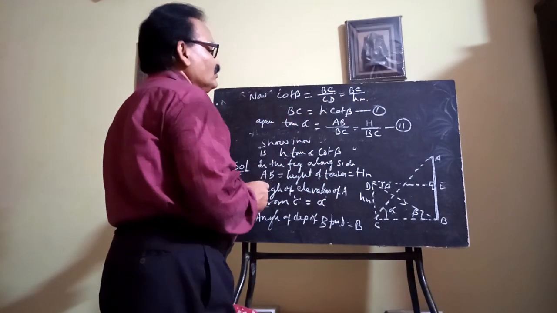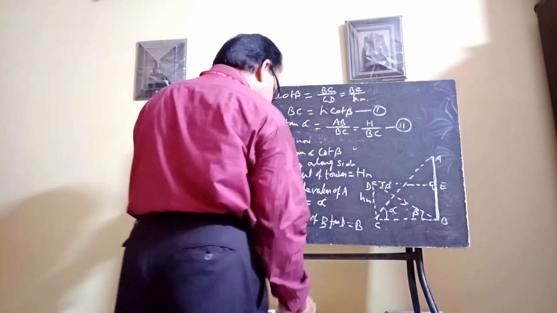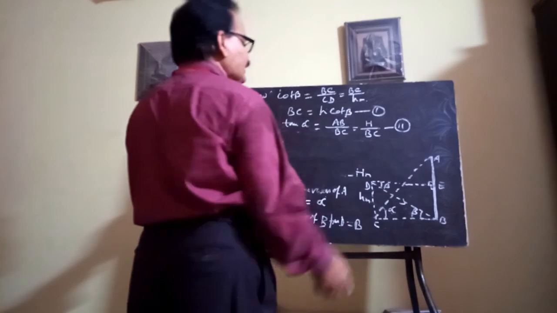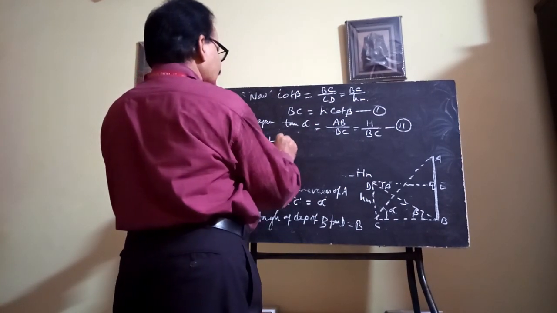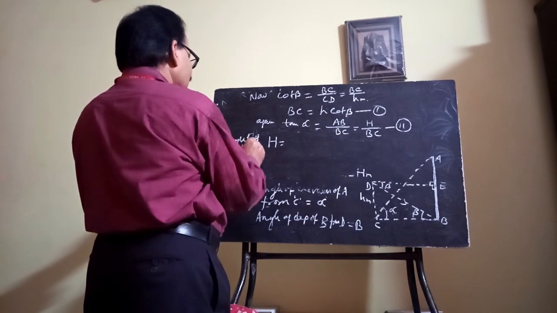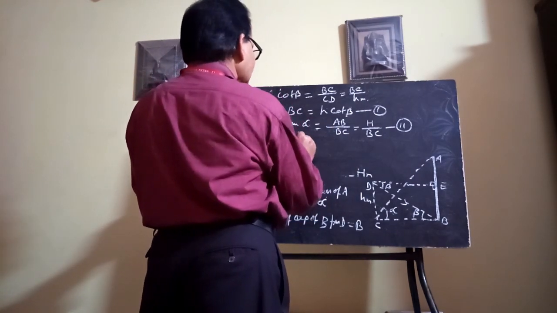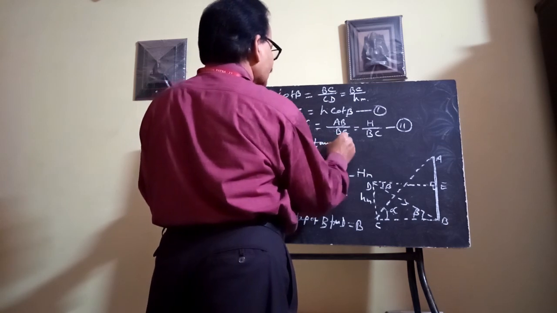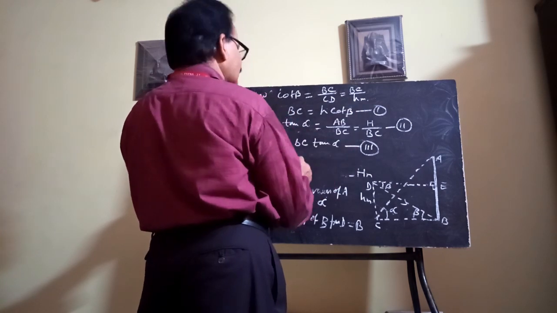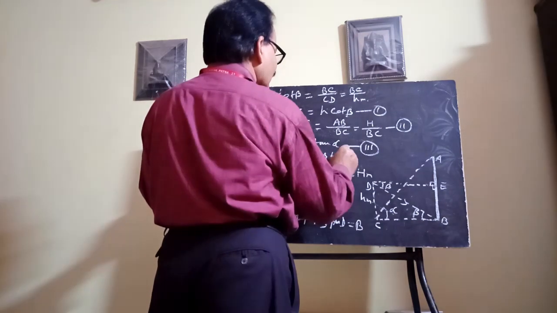Now you put the value of BC, because our target is to find out the height of your tower. So capital H, which is the height of the tower, equals BC into tan alpha. This is equation 3. Now put the value of BC from equation 1. So this is h cot beta into tan alpha.